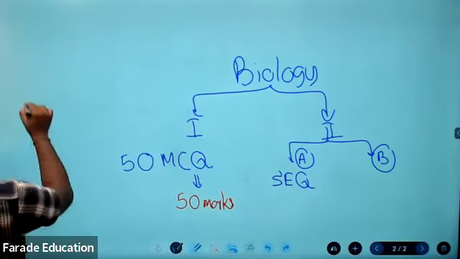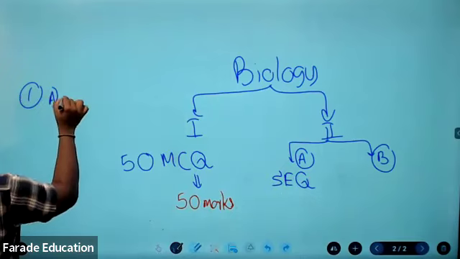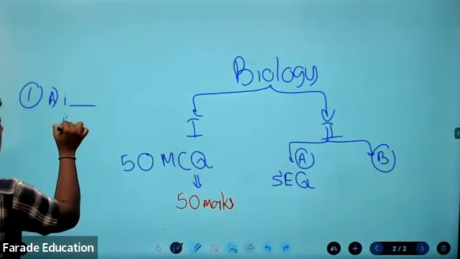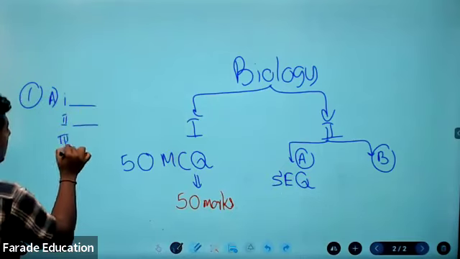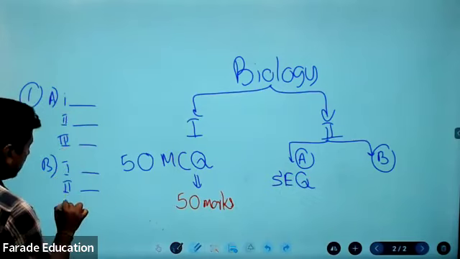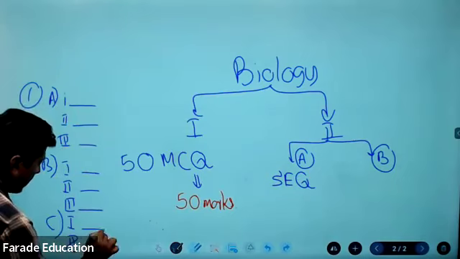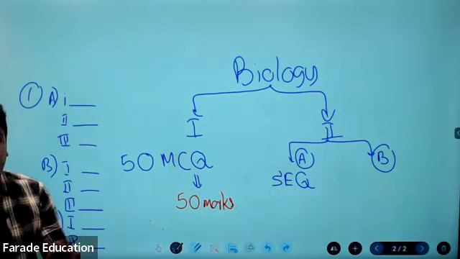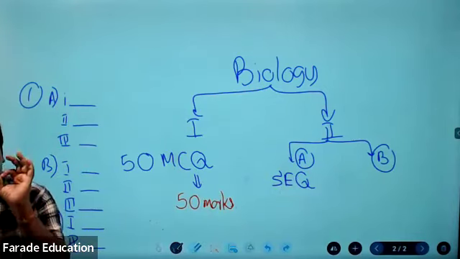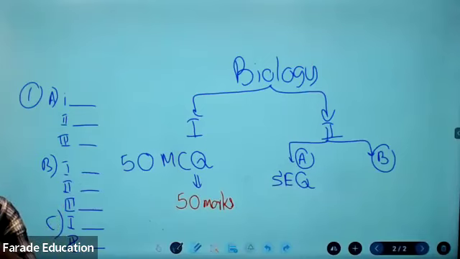That means in number 1, you have 1 question, 2 question, 3 question. In the B, 1 question, 2 question. Small questions, expecting small but accurate, to the point answers, right?